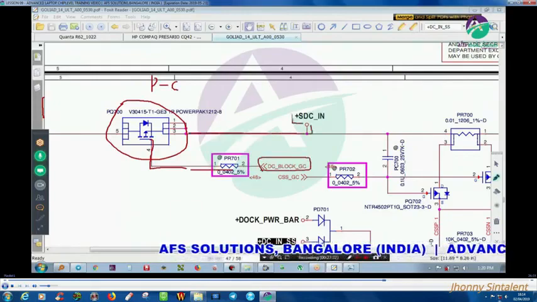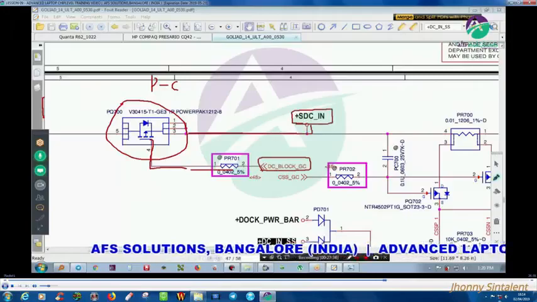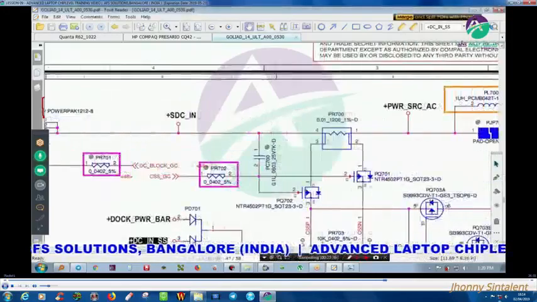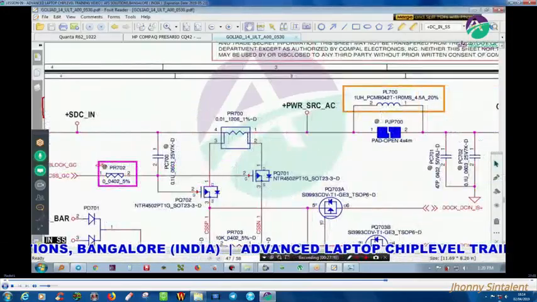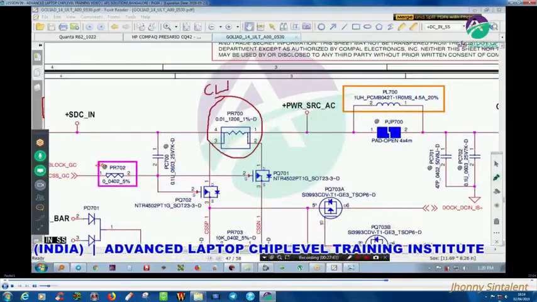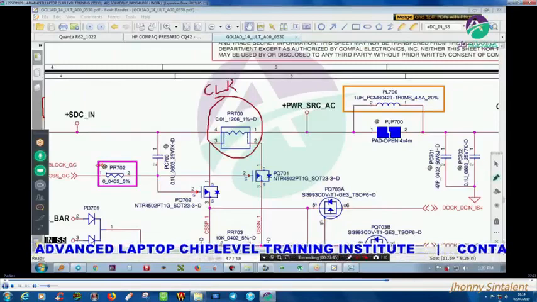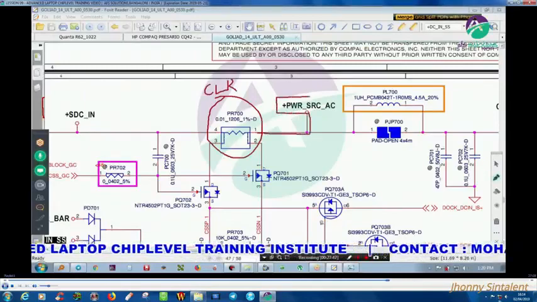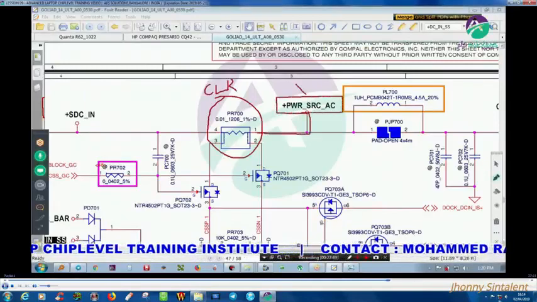You got your A plus SDC. Passing the second MOSFET DC in, you got your CLR, current load resistor, and usually what we get after this was our Vin.